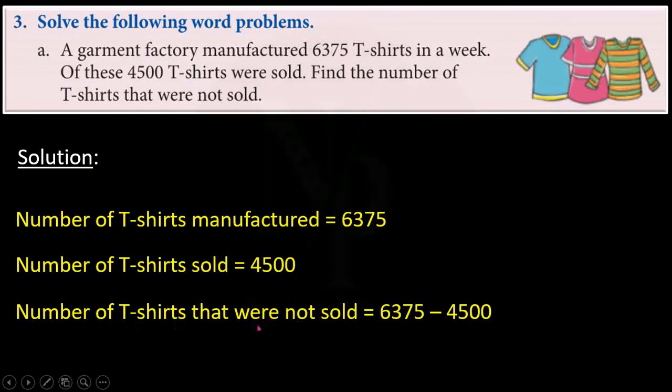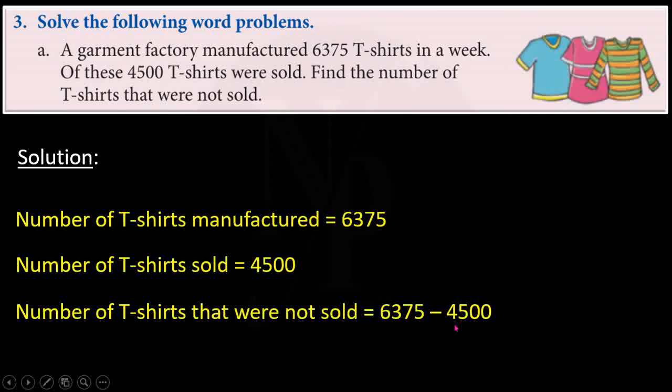Number of t-shirts that were not sold is equal to 6,375 minus 4,500. That means we have to subtract the number of t-shirts that were sold from the total number of t-shirts manufactured in that week. So on subtracting, we will get the number of t-shirts that were not sold.